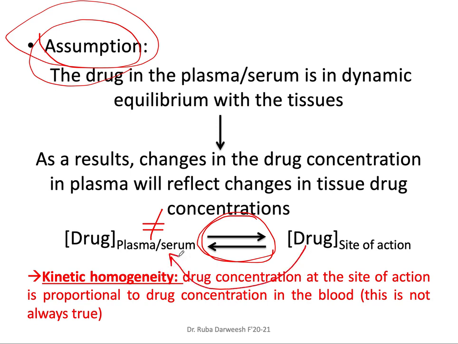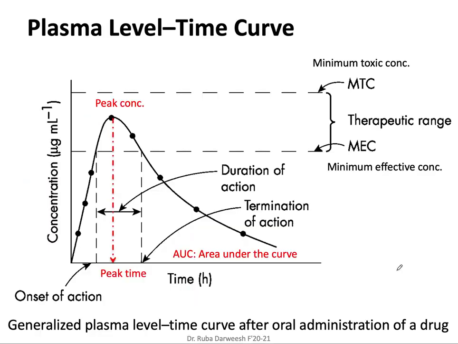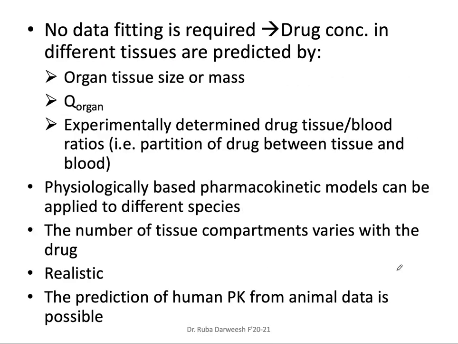And this is usually true unless we have some exceptions that we will talk about later. It's an important assumption because usually we don't have the feasibility to measure the concentration of the drug at the site of action. This is one of the major assumptions that we already mentioned earlier, okay?